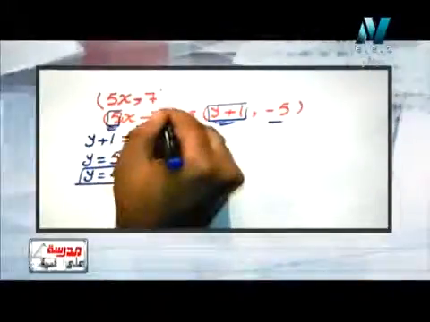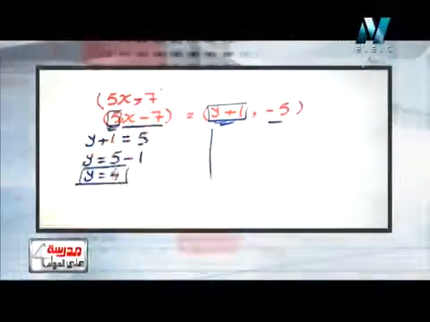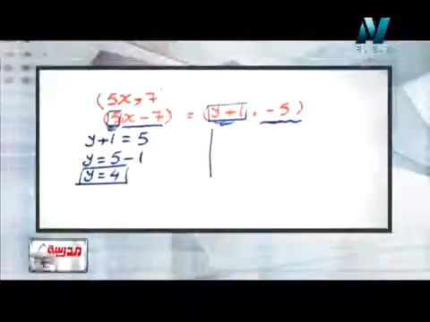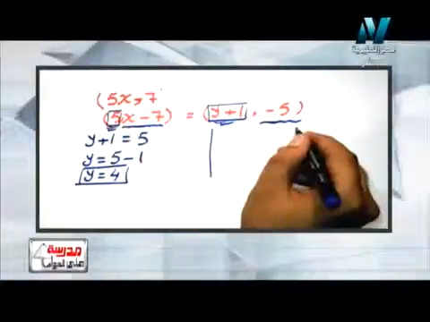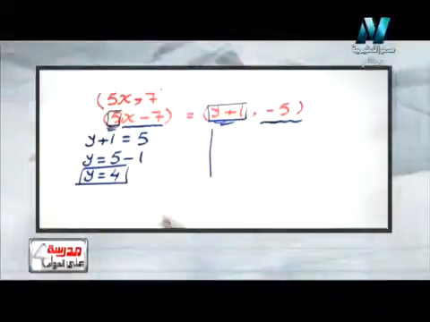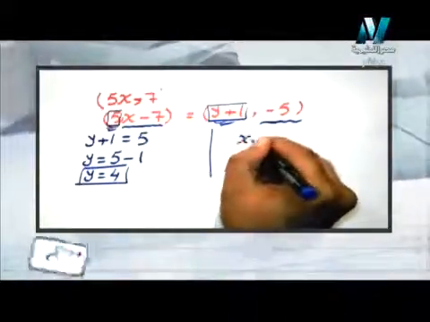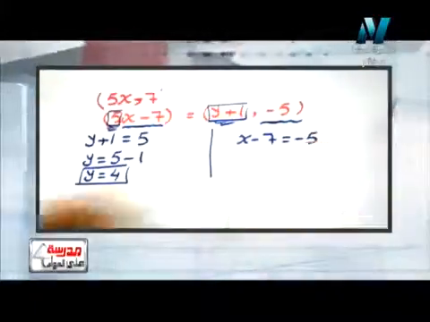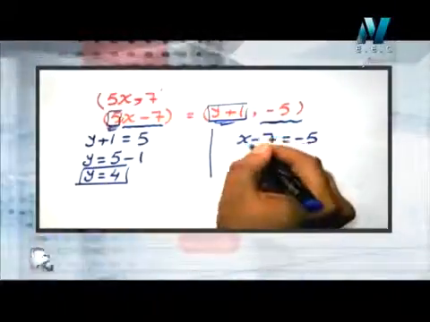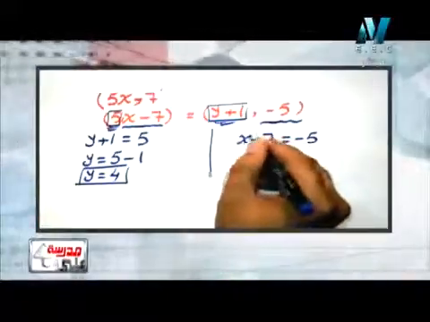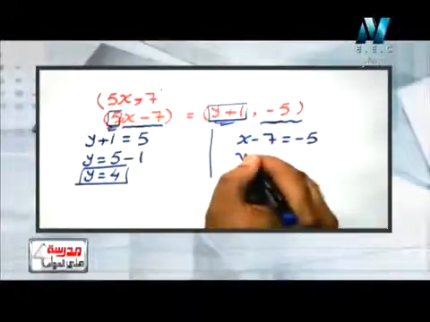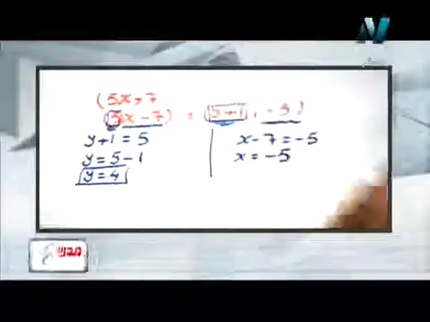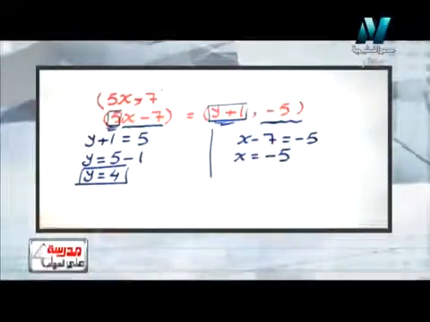We have x minus 7 and negative 5. Construct an equation: x minus 7 equals negative 5. Do the opposite operation. It will be subtraction, so you move 7 to the other side with the opposite sign.